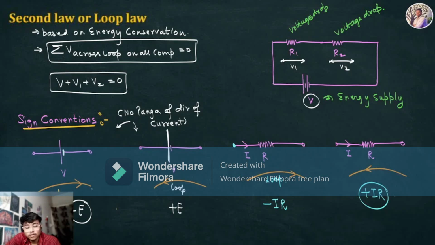If there is a voltage with plus and minus, going from here to here, it will be taken as negative, as there is a drop in the potential. If it is opposite, it will be taken as plus. And if the current is in the direction of the loop, we will take it as minus. If the loop and current are opposite, it will be taken as plus.